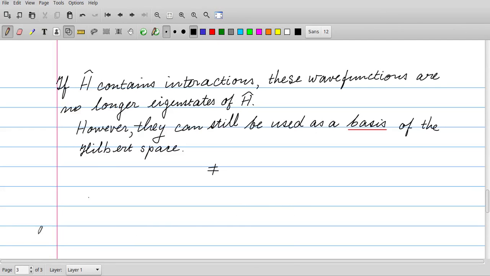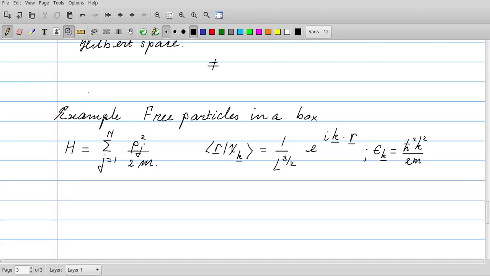Let us now consider an example. The example is that of three particles which are in a finite volume, a box of size L times L times L, and the Hamiltonian is just the kinetic energy of the particles summed over all the particles. And we know the eigenstates of the single particle operator.